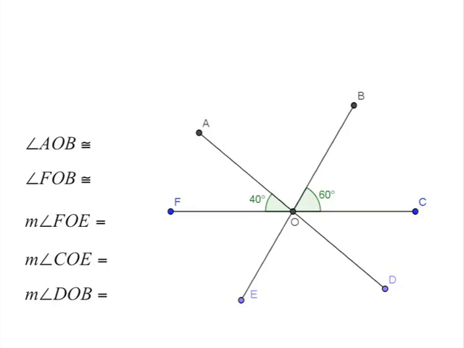It is important that we pay attention to symbols here. These are two different types of questions. The first type of question says angle and then has a congruent symbol that equals with a squiggle. The answer we are looking for there is another angle name. Okay, so we want angle name congruent to angle name. The second type of notation says M angle, which means the measure or size, is equal to.